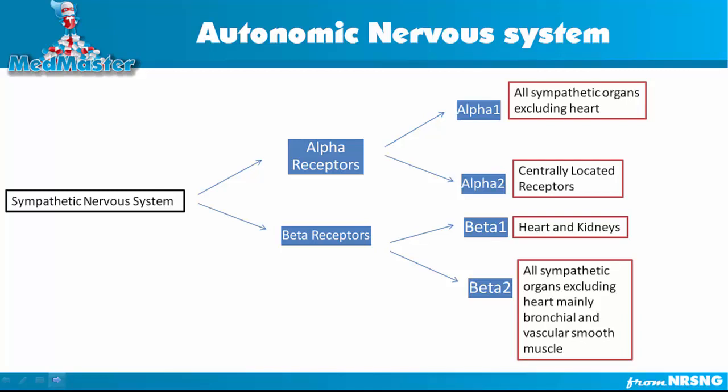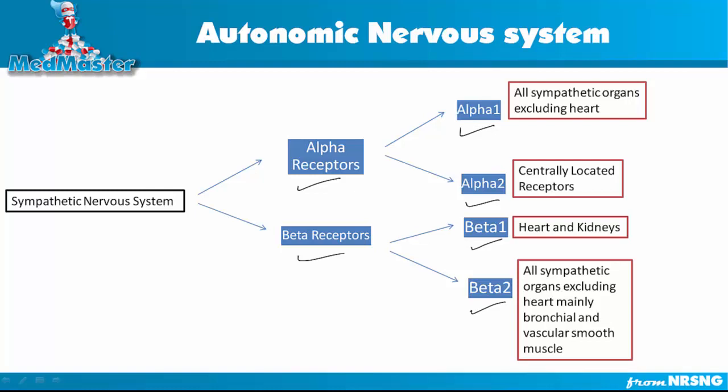So there are 4 receptors: the alpha receptors and beta receptors, which are further divided into alpha 1, alpha 2, beta 1, and beta 2. Now where they are located. Alpha 1 are located in all sympathetic organs excluding the heart. So this alpha 1 receptor you won't see in the heart, but you will see in the vessels and liver and all other organs.